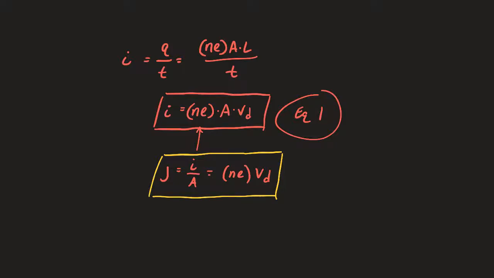But the truth is, the drift velocity is also a function of what's going on in the wire, as much as the charge density is a function of the material itself. We don't really know either one of those. I mean, we can measure cross-sectional area, and we can measure current completely divorced of knowing what's actually happening microscopically.